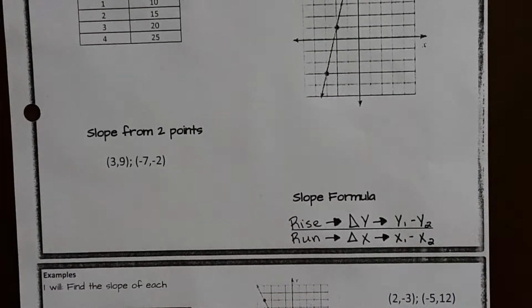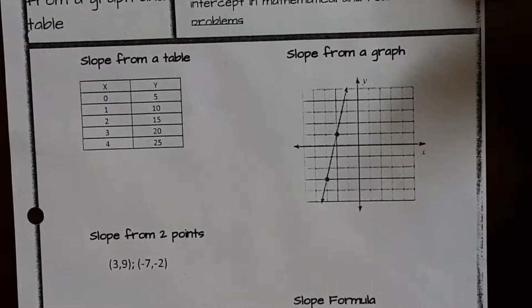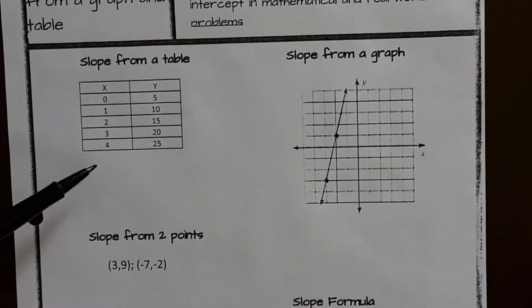Okay, so now you're thinking, what does this mean? So when we're looking at a table, you have x values on the left side and y values on the right side.